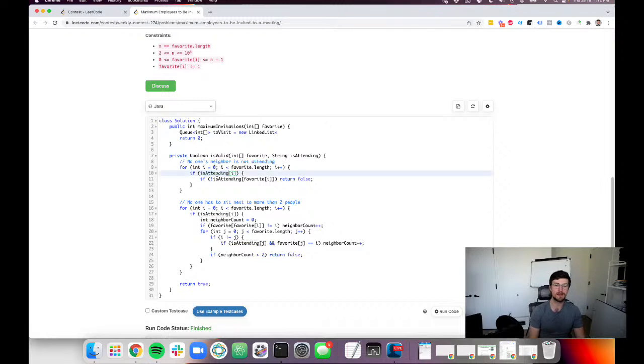So what this becomes is attending a char at i equals 1.